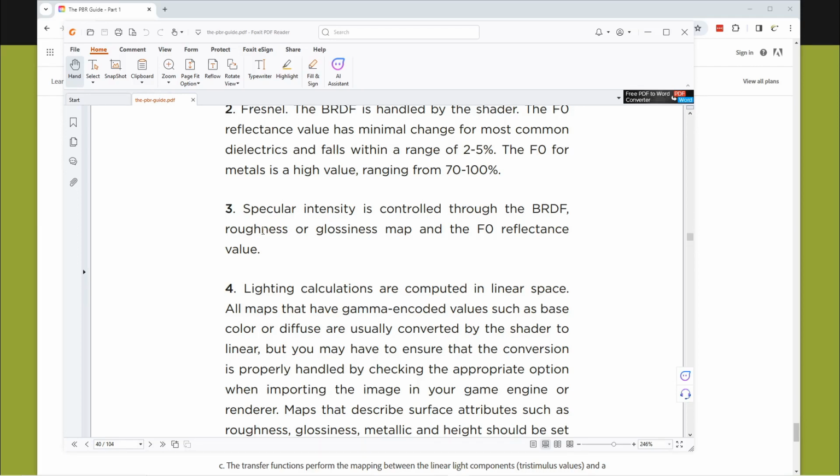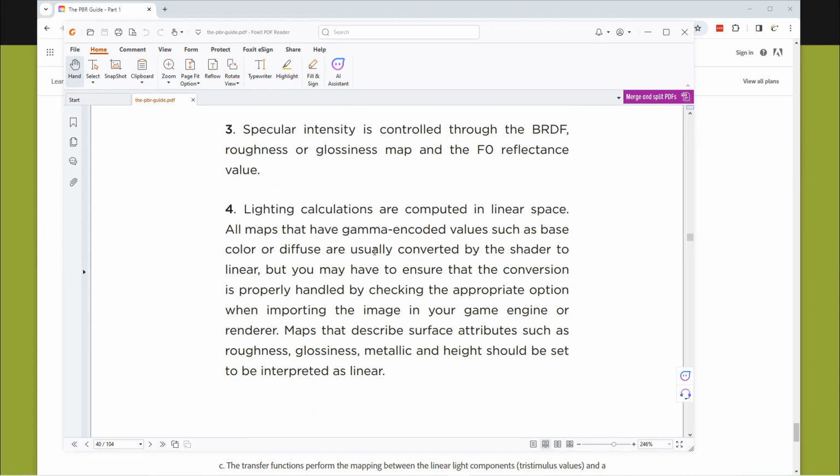We talk about roughness and glossiness. There's a roughness-metallic workflow and a glossiness-specular workflow. They can both be used in PBR, but the roughness-metallic one is better, and we'll describe that in the next section. Lighting calculations are computed in linear space, so none of that gamma stuff.